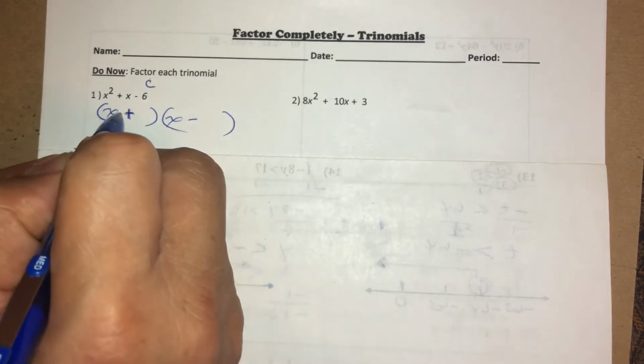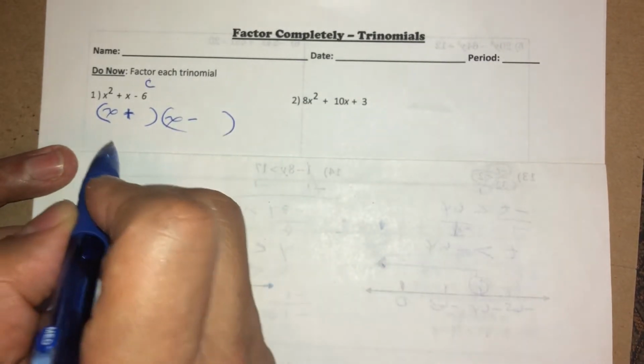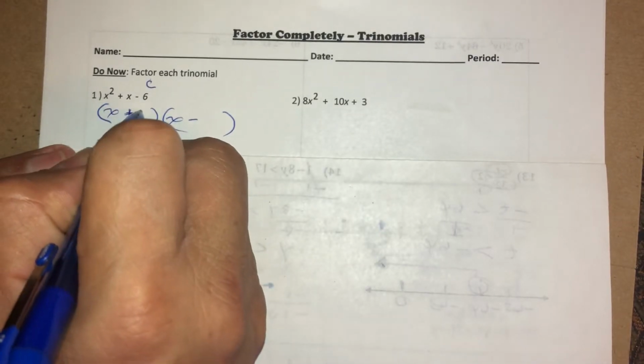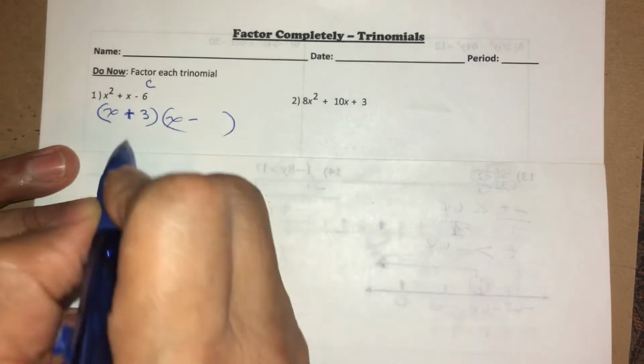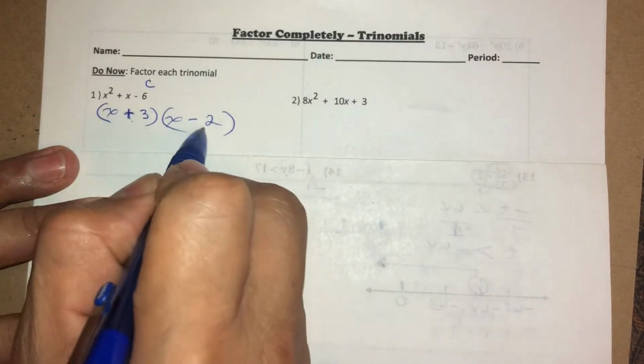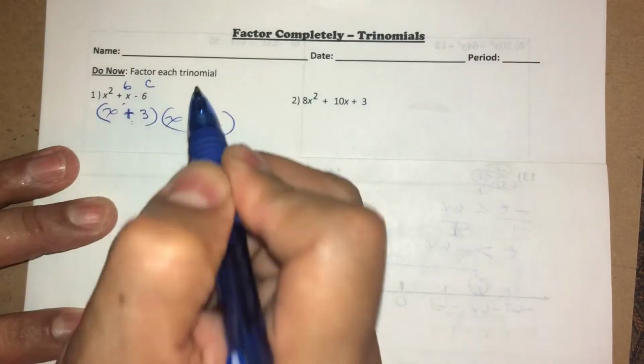When you multiply them, they give you 6, and when you subtract them, they give you 1. So it's going to be 3 and 2. The 3 is going to be the plus because you want your answer to be positive, and 2 is going to be negative, right? Because positive 3 times negative 2 is negative 6, and plus 3 minus 2 is positive 1. Okay, remember, factoring is a relationship between B and C.